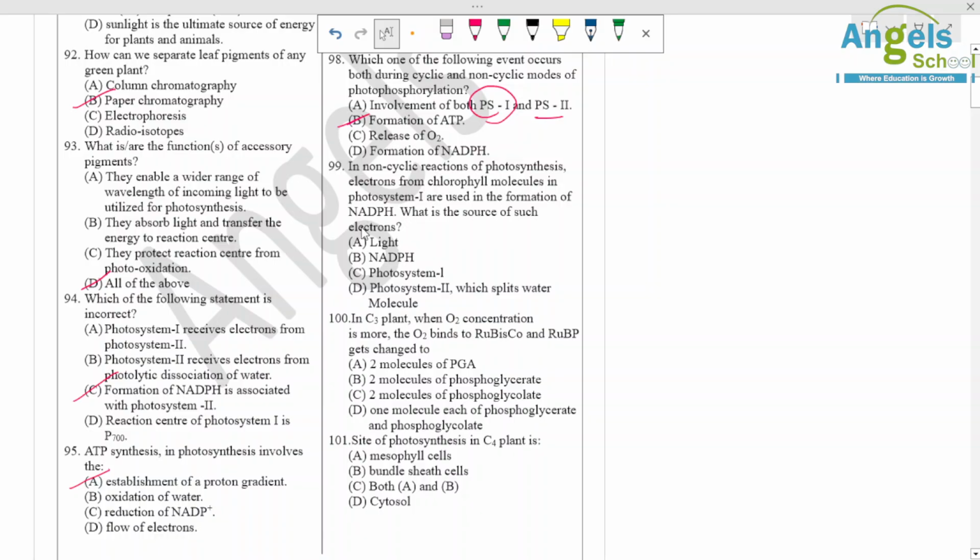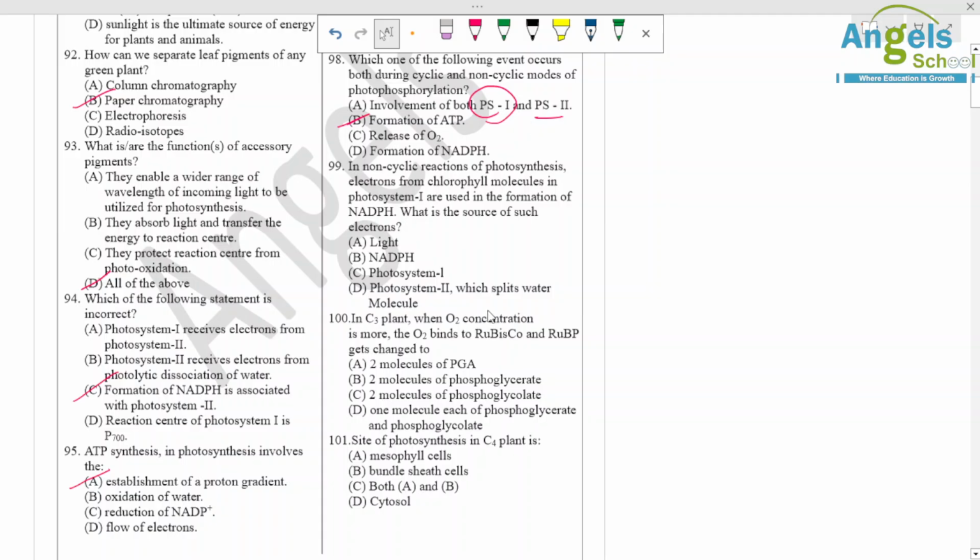Question number 99. In non-cyclic reaction of photosynthesis, electrons from chlorophyll molecule in photosystem 1 are used in formation of NADPH. What is the source of such electrons? Options are light, NADPH, photosystem 1, photosystem 2 which splits the water molecule.